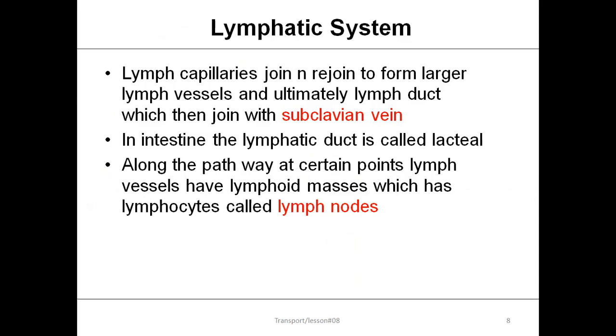Up next चीज क्या बन रही है? To form the larger vessels and ultimately the lymph duct which joins with the subclavian vein. मैंने आपको, I'm sorry, मैंने यहाँ पर आपको jugular vein बताया था, तो इसको करेक्ट कर लीजिए, jugular vein नहीं है यहाँ पर हमारे पास, it drops into the subclavian vein. ठीक है, तो यहाँ पर हम इसको subclavian vein कहेंगे.